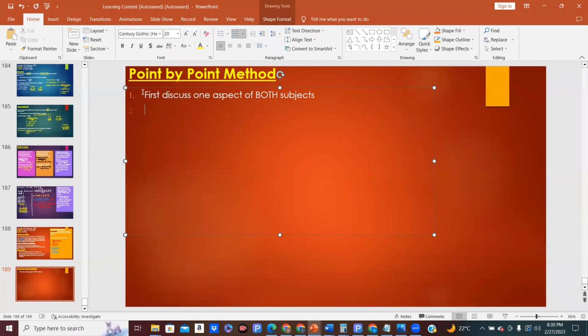And then you're going to next discuss another aspect of both subjects, and so on. So in this method, you are allowed to combine or to speak about both subjects at the same time, okay?